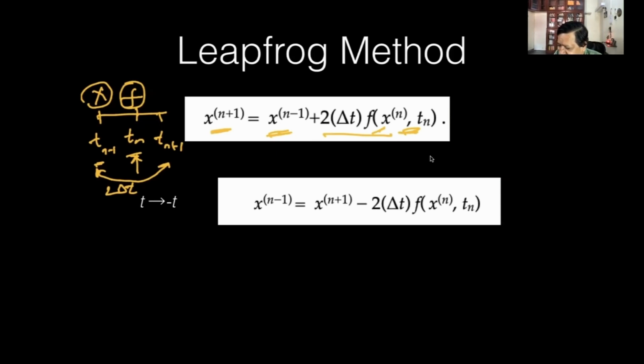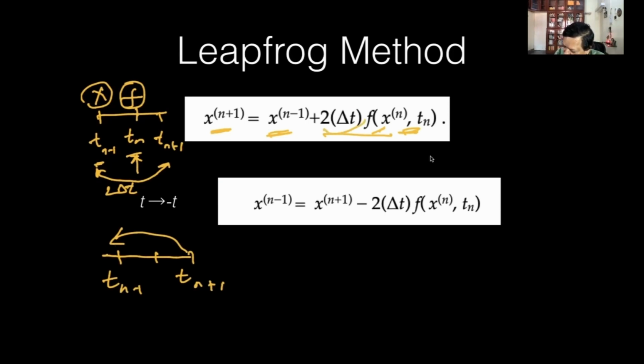Now this method has certain advantages. Imagine that I want to go backward. So I go from t_{n+1} to t_{n-1}. I go back. What will that be? My delta t is negative, right, when I'm going backward in time.